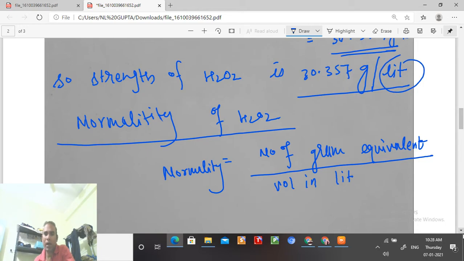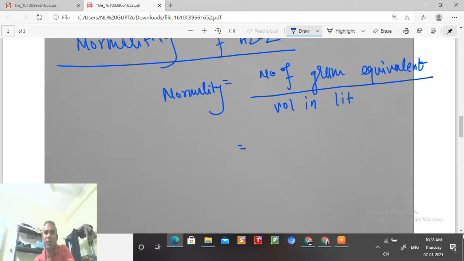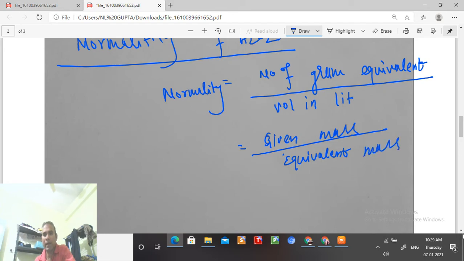The number of gram equivalent is calculated as given mass upon equivalent mass. So normality equals given mass upon equivalent mass divided by volume in liter.